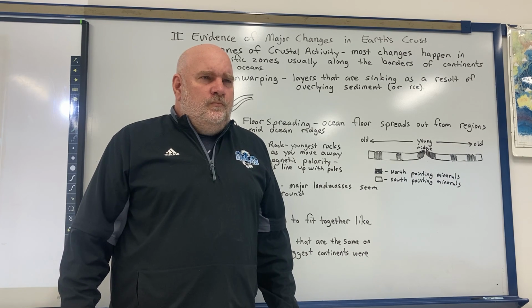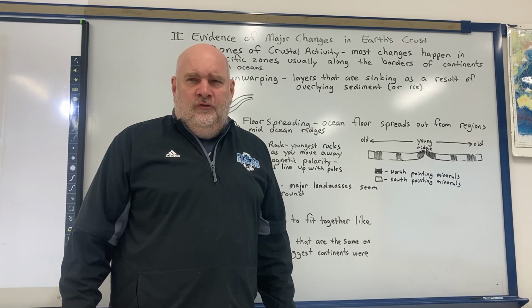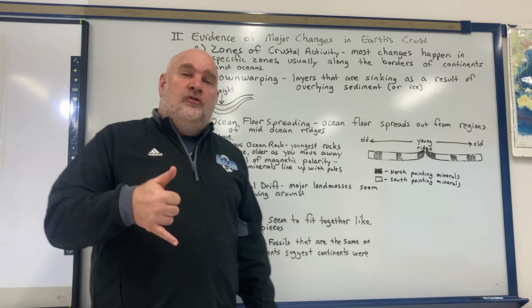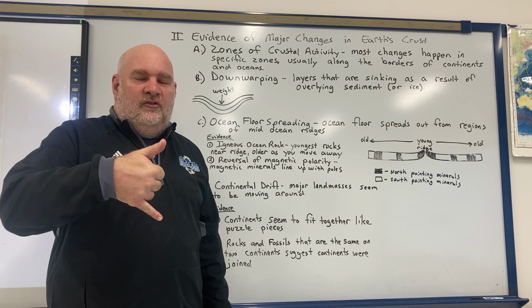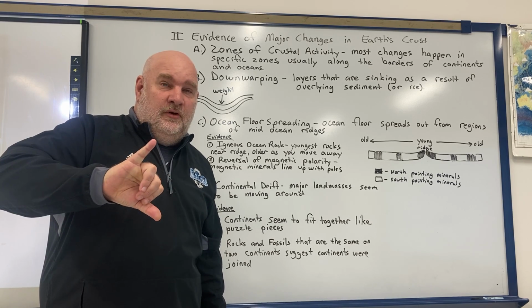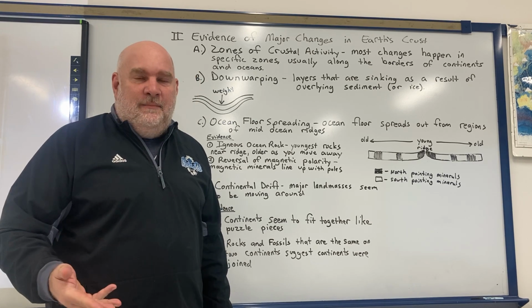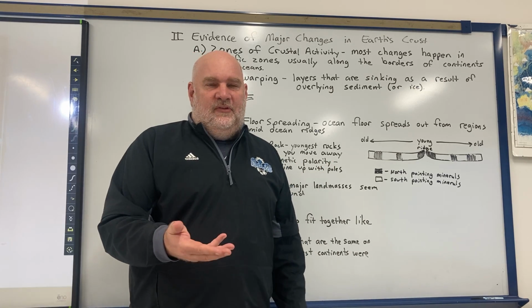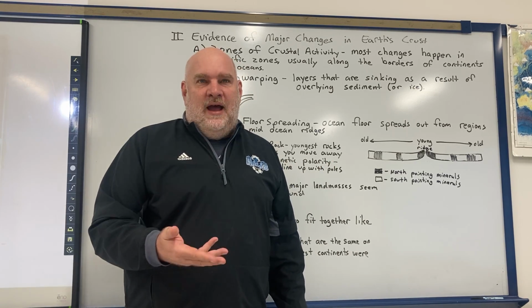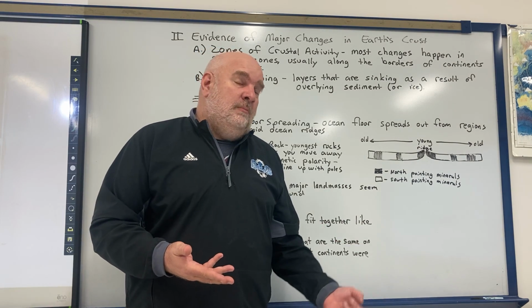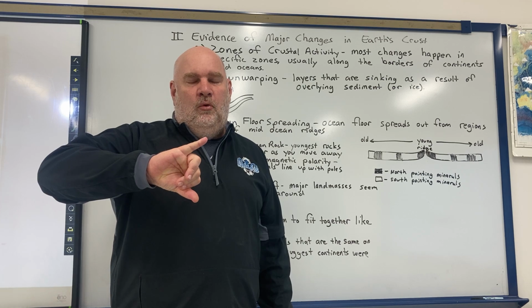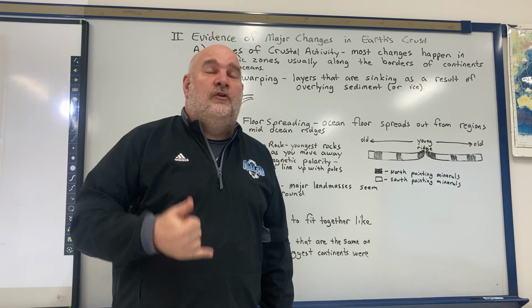Now, what we also know is that as time goes by, the Earth's magnetic pole every once in a while flip-flops or reverses. Basically what that means is, if you could travel back in time a couple million years and I held a compass out, my compass wouldn't point north, it would point south. So every once in a while the Earth's magnetic poles flip-flop, the magnetic field reverses itself.